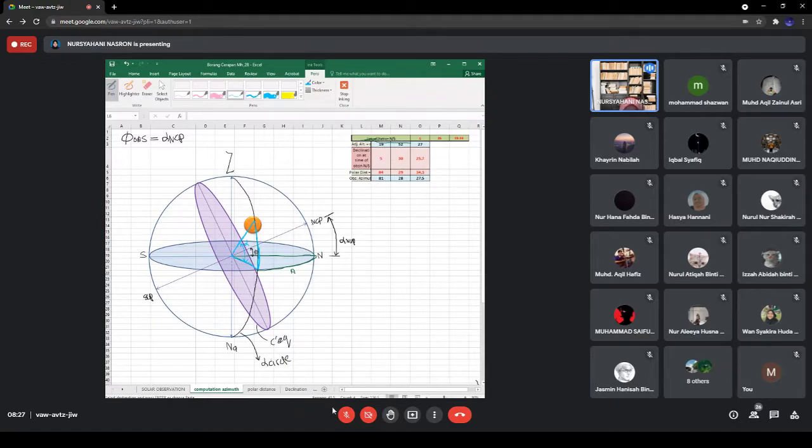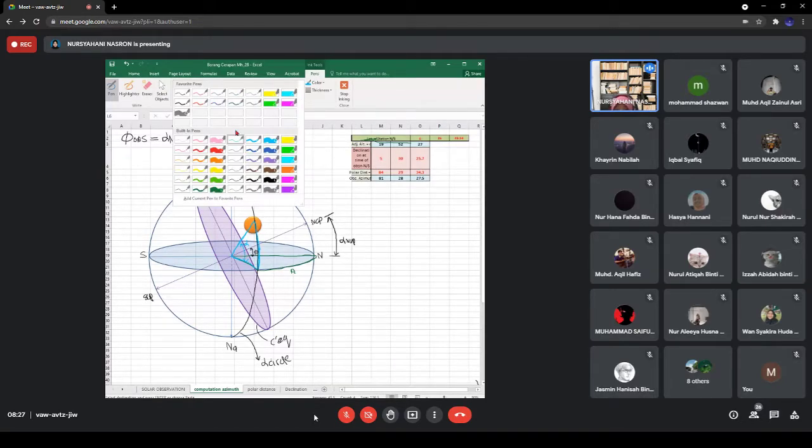And then declination. We start with the declination circle.